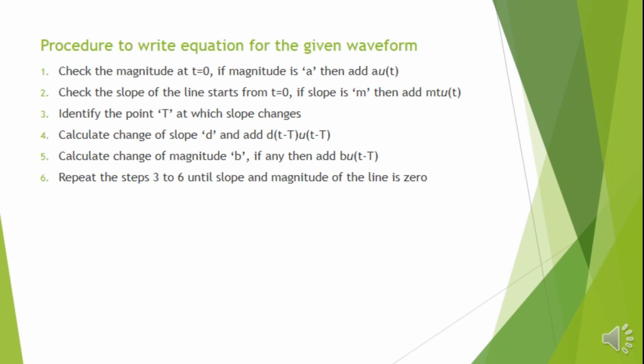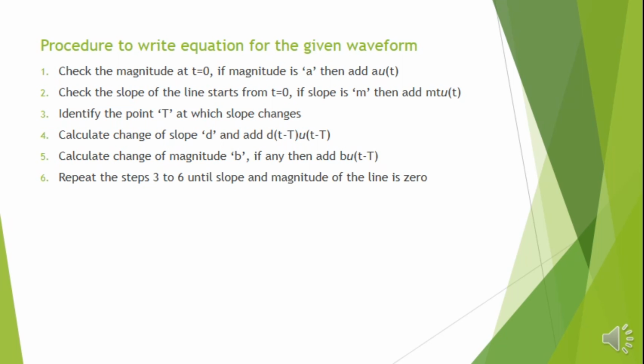At the same time, calculate the change in magnitude, if any, between the two lines. There may not be a change in magnitude. If there is a change in magnitude b, then add b u of (t minus T).